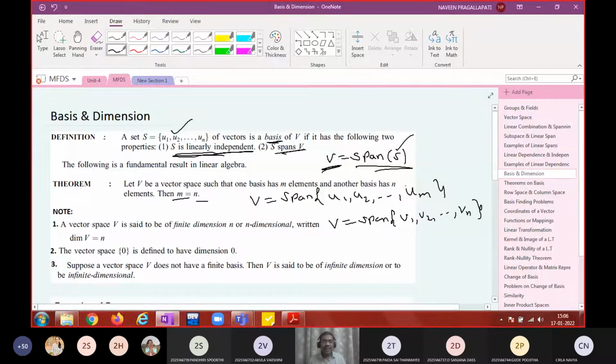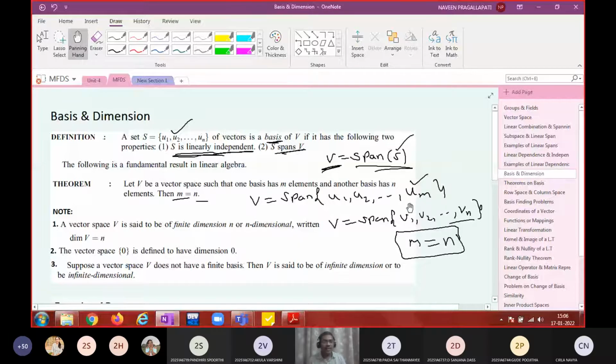If U1, U2, Um are linearly independent, and V1, V2, Vn are also linearly independent and span the same set, then each is a basis, so these two are bases of the same vector space, and any two bases contain the same number of elements. That means M must be equal to N.